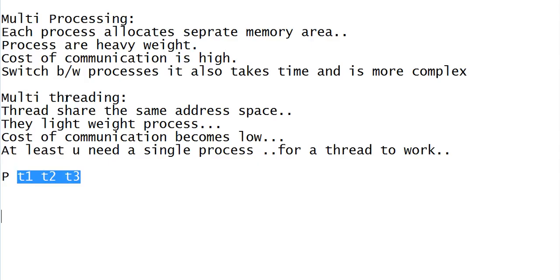So the process P will contain these 3 threads and let the communication and execution between these threads happen very quickly, and thus process P overall will execute very quickly. So this is a mechanism to perform multitasking.